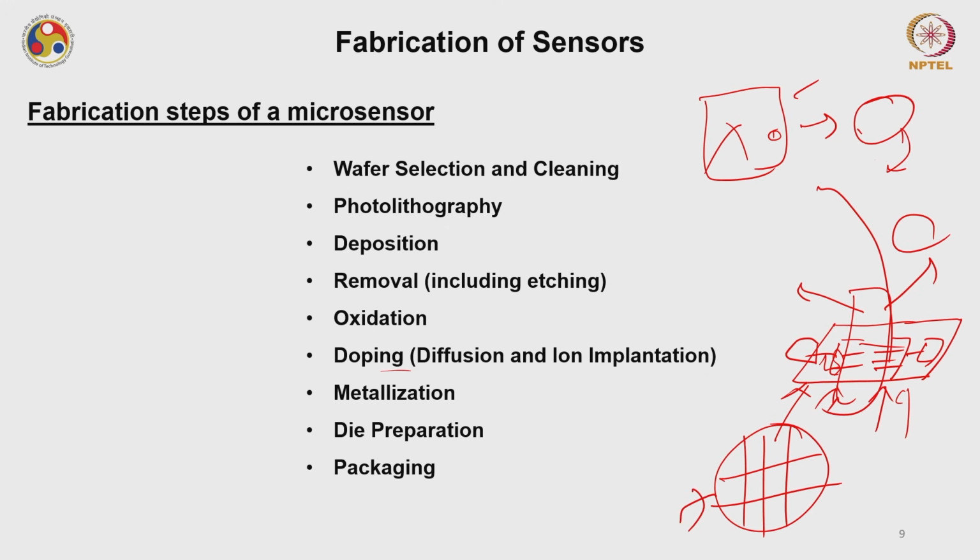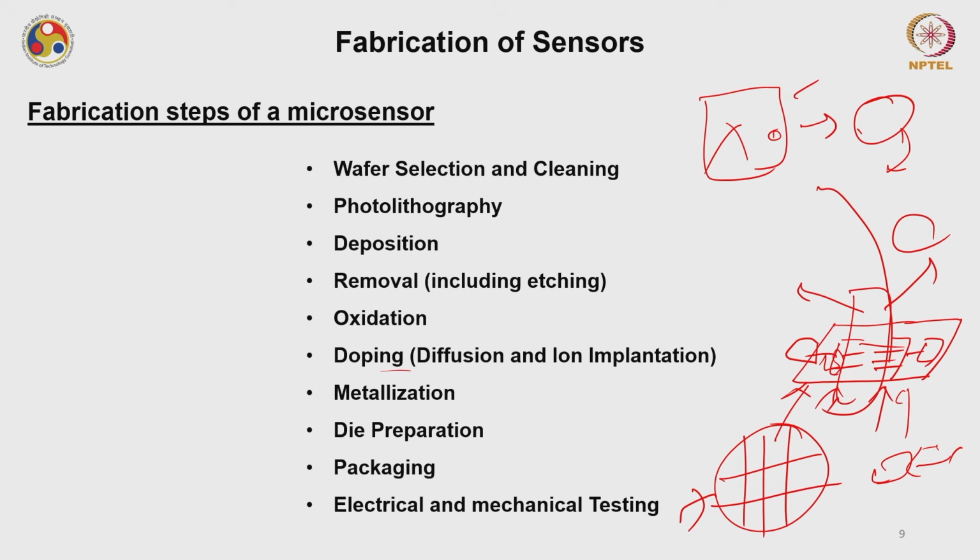And then packaging of these dies. Finally, when your die is prepared, it is electrically and mechanically tested. And at the end you have your final sensor chip. We'll learn some of these techniques in the coming time.